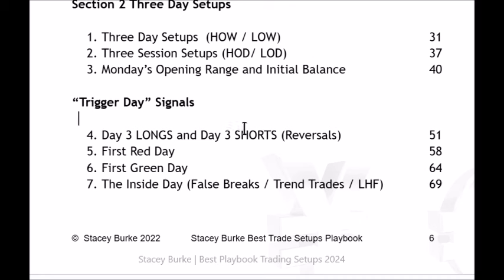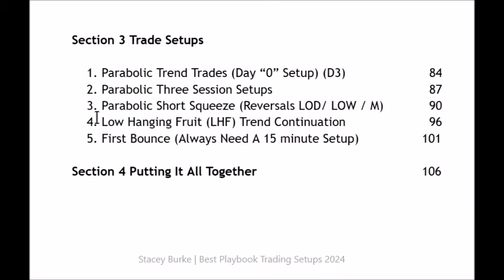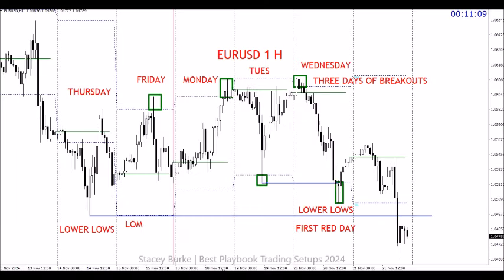So we had day 3 longs in the markets, page 51 in the playbook. The US session continuation trade, the low-hanging fruit, page 96 in the playbook. That closed as a first red day. So again, we had day 1 breaking the high of Thursday. Day 2 in the new week breaking out of Friday's high of day level in a market that was in breakout short, making lower lows.